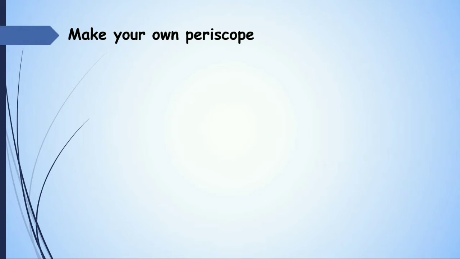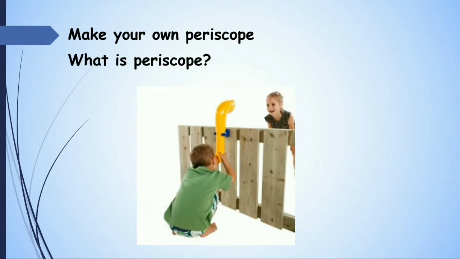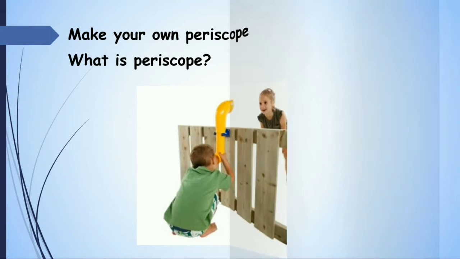One of the best applications of reflection is the periscope. So make your own periscope. First let us see what a periscope is. You can see that a boy is hiding in a wooden rack, and he is seeing the girl standing on the other side by using a yellow instrument, which we call a periscope.